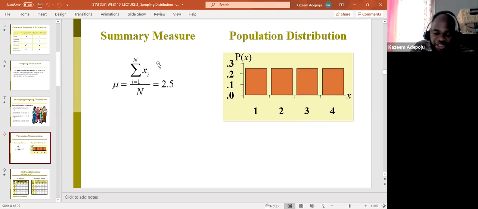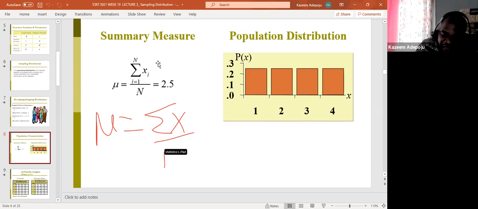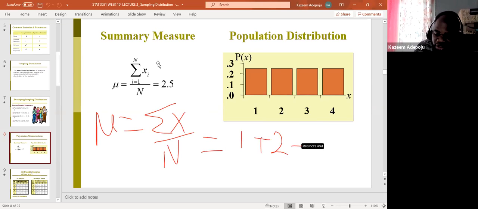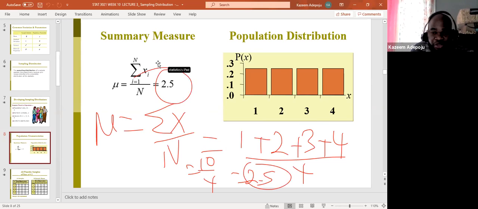What are the observations right here? I have 1 plus 2 plus 3 plus 4 divided by 4, right? This is going to be 10. So what is 10 divided by 4? 10 divided by 4 is going to be 2.5. That's what you have here.